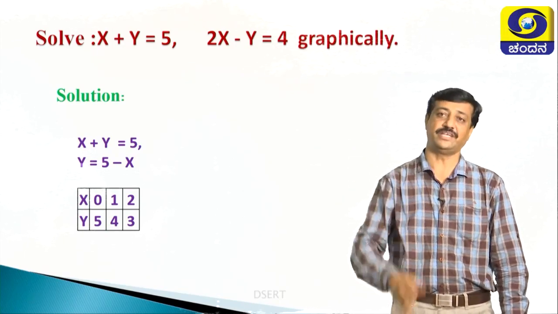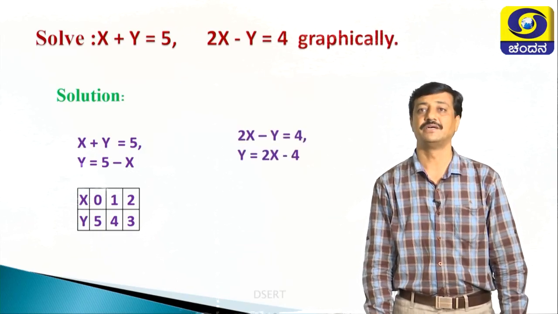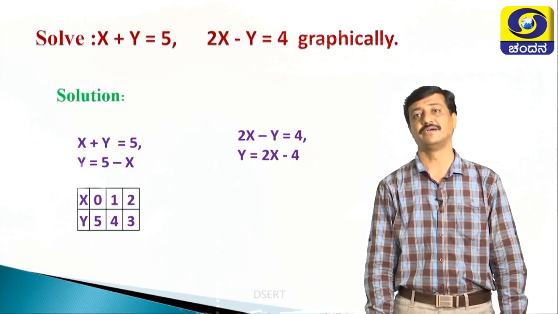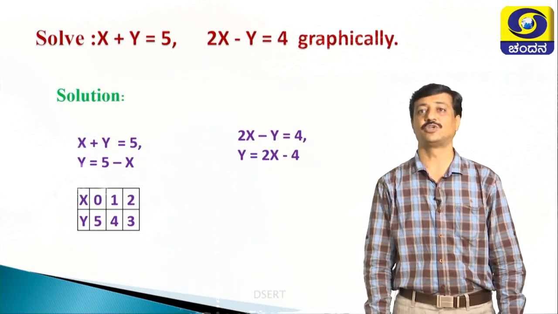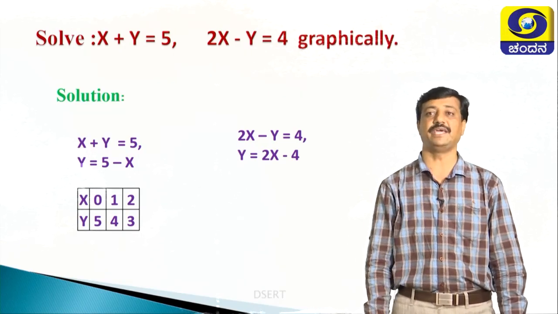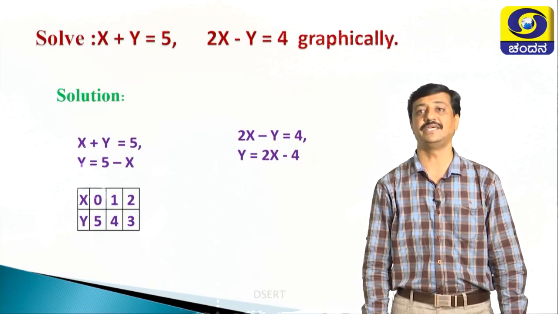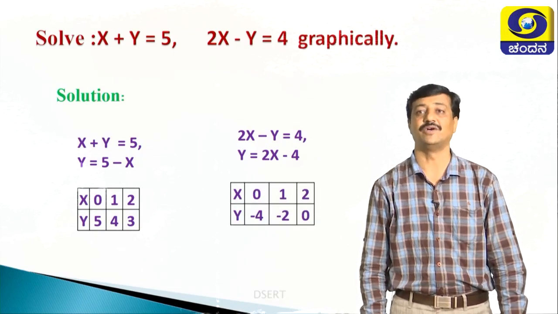In the next stage, again we have to find out another table for the second equation. First, we have to solve for y. It gives y equals 2x minus 4. Now, substitute in the same way x value as 0, x value as 1 and x value as 2.